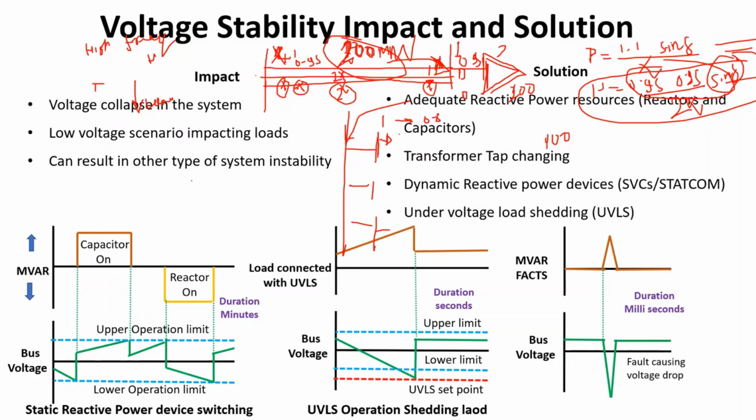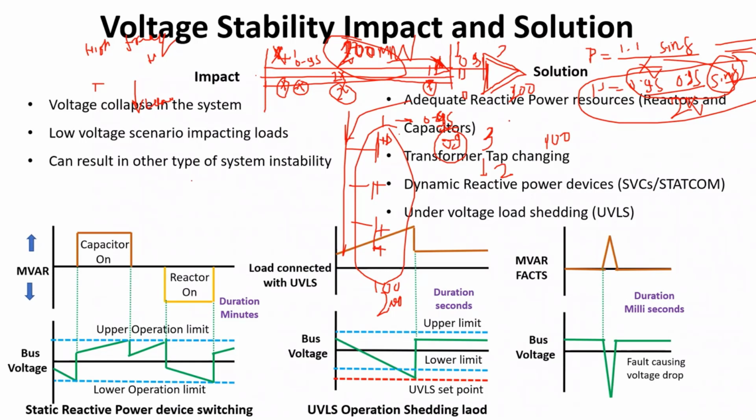Okay, so my intention is as simple as that. I will put some voltage sensing relays at all these loads, whichever loads I want to cut. This is total 200 megawatt. I will put UVLS relays on 100 megawatt of the loads. And as soon as it senses the voltage going below 0.95 or 0.9, whatever voltage I select, for, let us say, 1 second, 2 seconds, 3 seconds, depending upon my stability criteria, whatever I have observed about at what point the voltage collapse will happen.